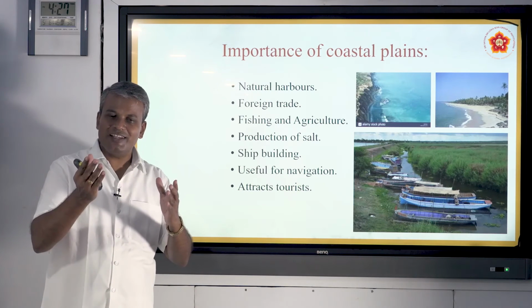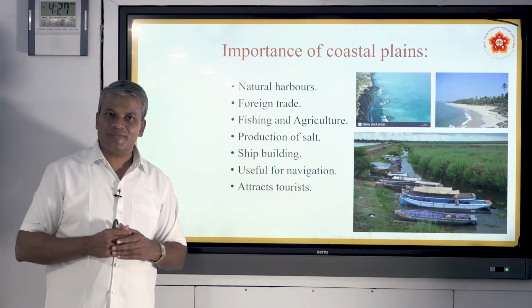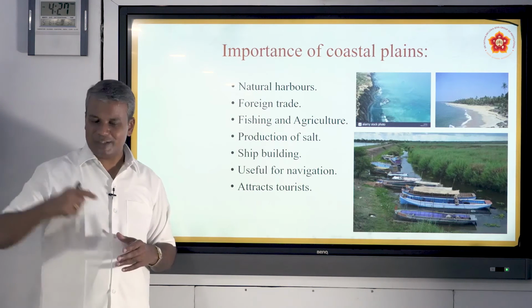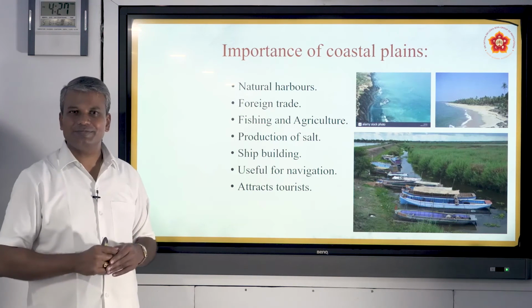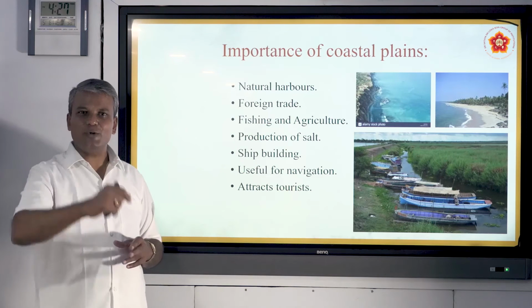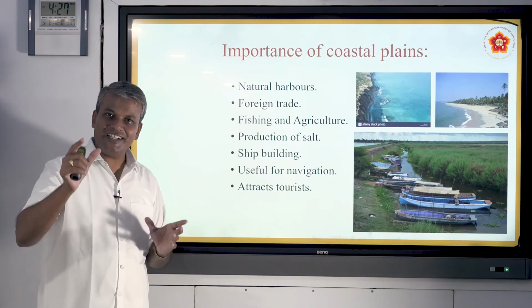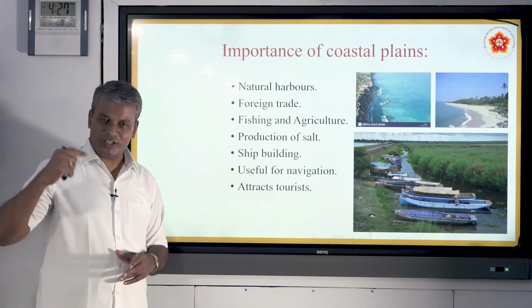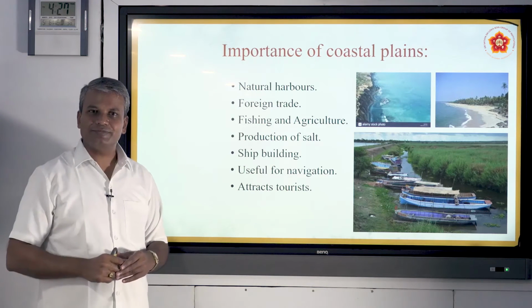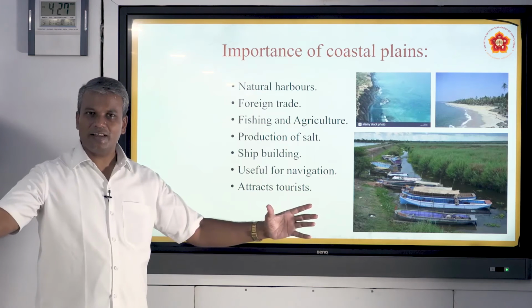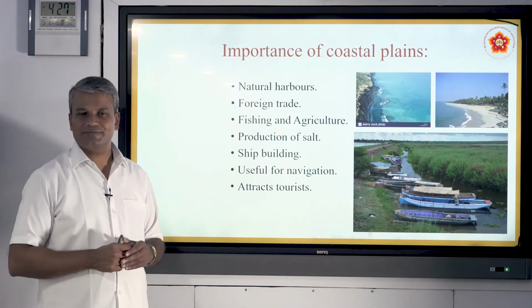All of you know, in history you studied that Vasco da Gama discovered the sea route to India. In which year did he discover the sea route to India? In the year 1498. Vasco da Gama reached India and he was welcomed by the king Zamorin.